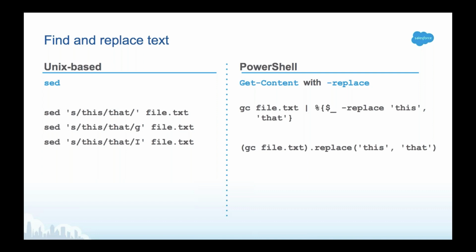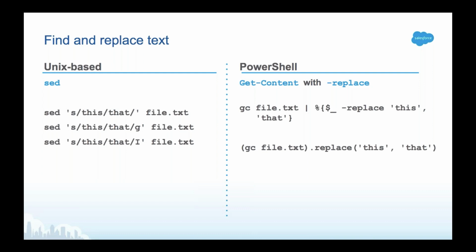By default, sed only finds the first instance of that string per line. So if you have multiple instances of this in a single line, that first example would only replace the first instance in the line, and we're going to see that in a sec.